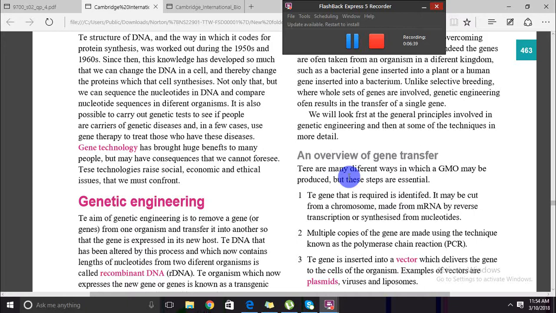And now what happens is that this gene, or more accurately this allele, which was not naturally present in the genome, has now been introduced via genetic technology.